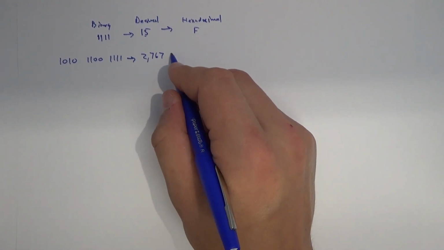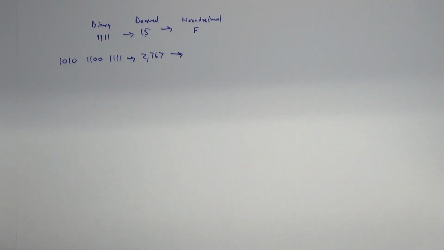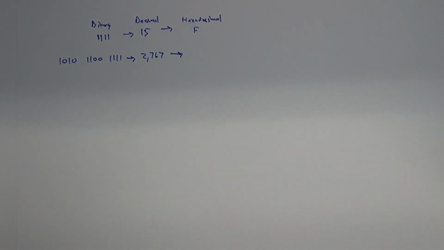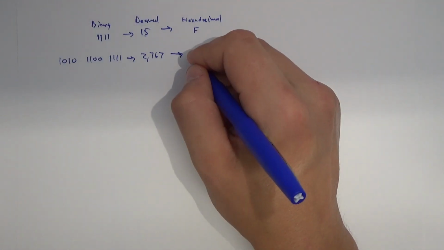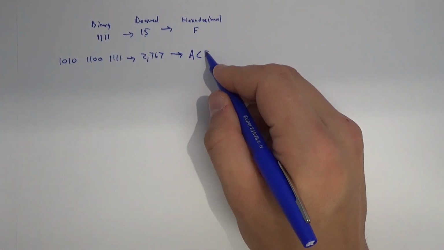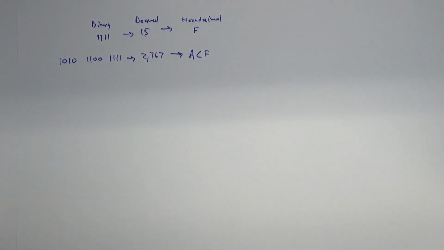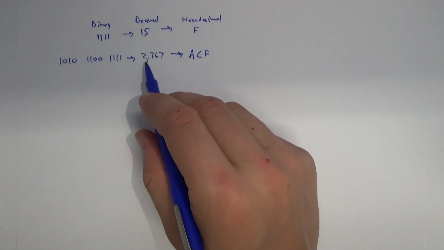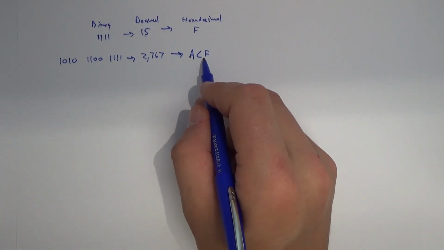Now, if we were to do the conversion from decimal to hexadecimal, we would find out that the answer is ACF. Going from decimal to hexadecimal, that's what we would figure out.